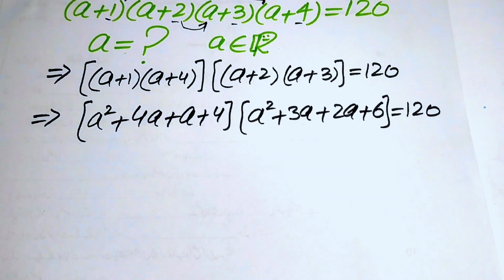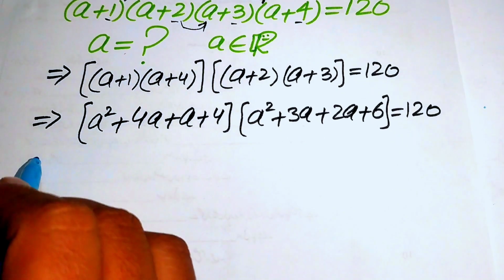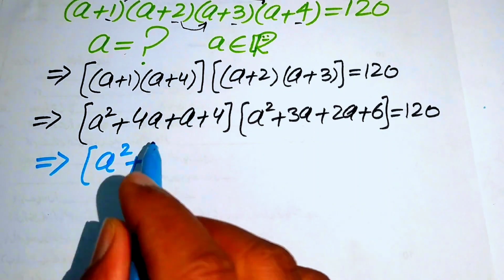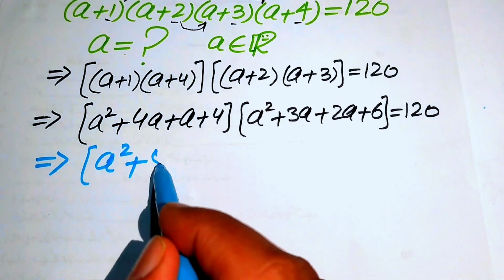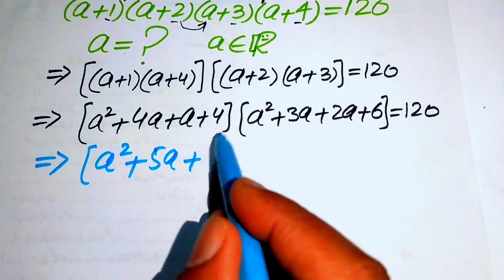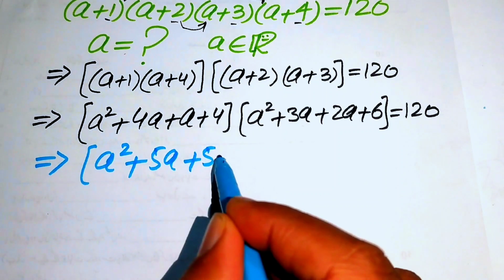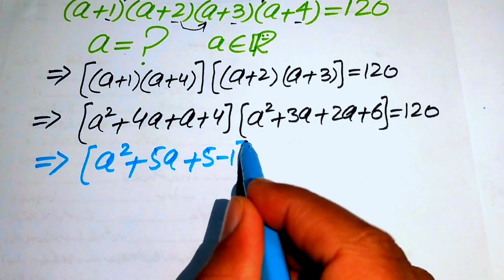120. In the next step, we add the like terms: a square plus 4a plus a becomes 5a, and here we have 4, which we write as 5 minus 1.